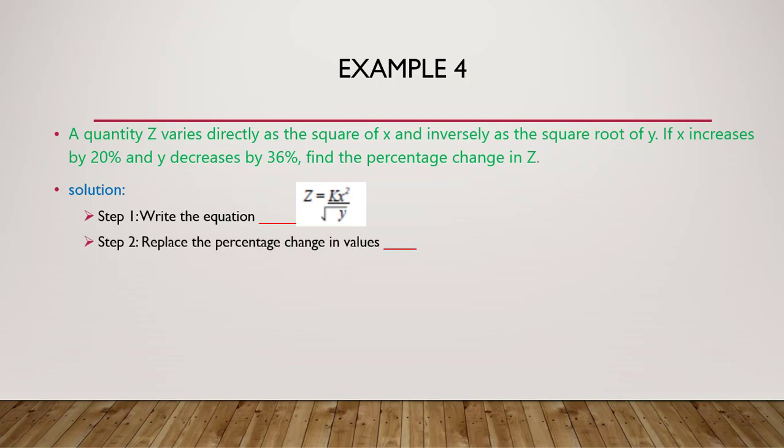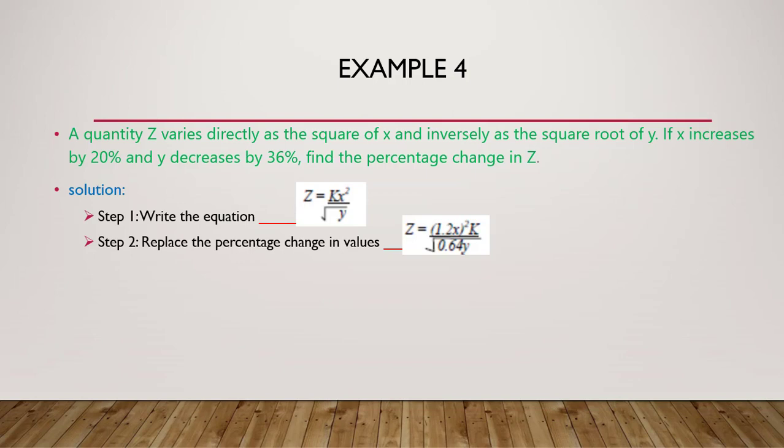Step 2 is replacing the percentage change in values in this previous equation. So z equals the value of change in x, which is 20%. When we have a 20% change, that is increasing by 20%, that means the value was already at 100% and we increased by 20%.